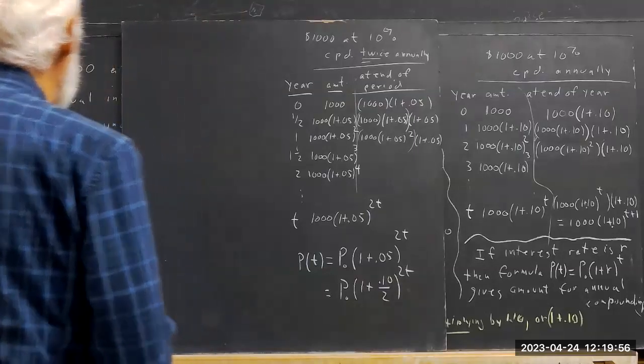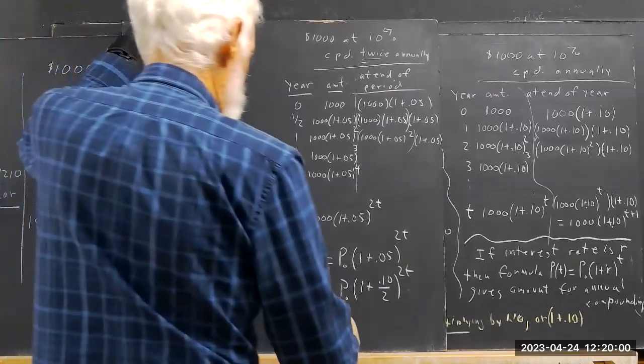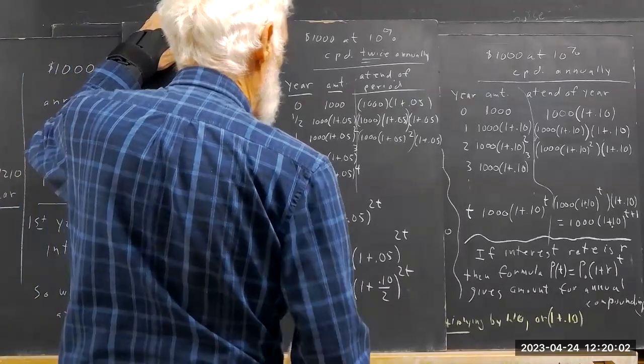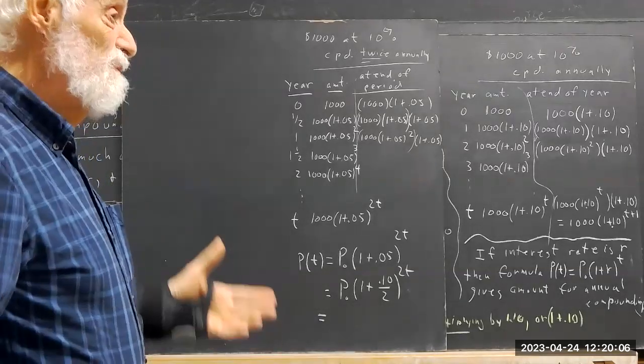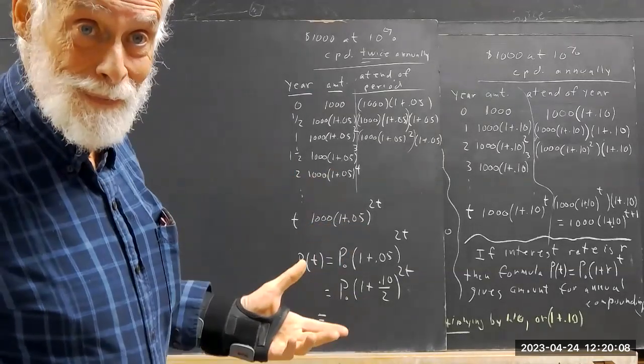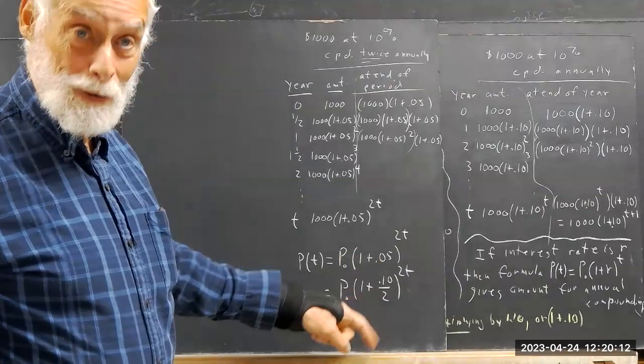Okay, so if the interest rate wasn't 10%, if it was 8%, well, it's obvious, I think, what we would do. We'd take 8% and divide by 2, right?